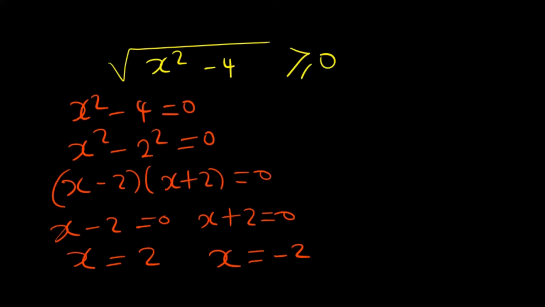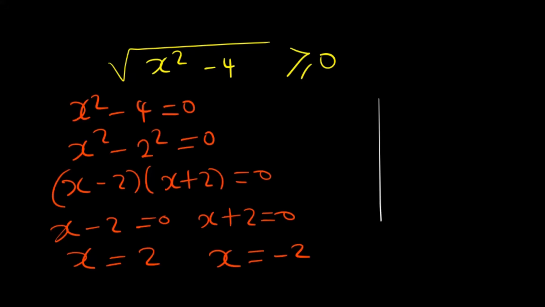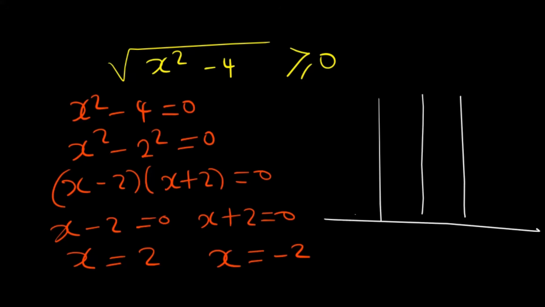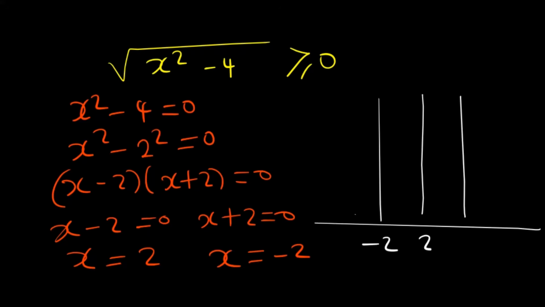Then what do we do? We come up with a table of values to help us demarcate the signs. Something like this. So let's say we have negative 2 here, we have 2 there.